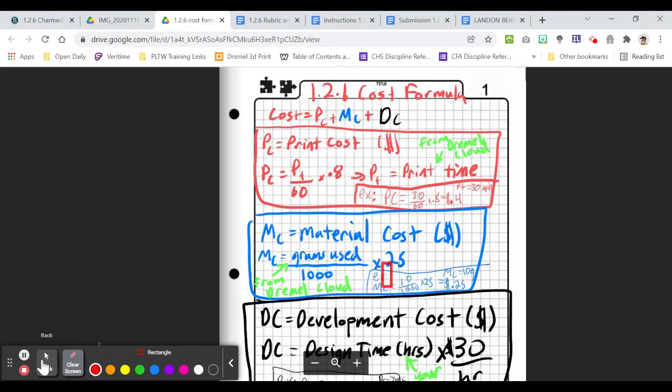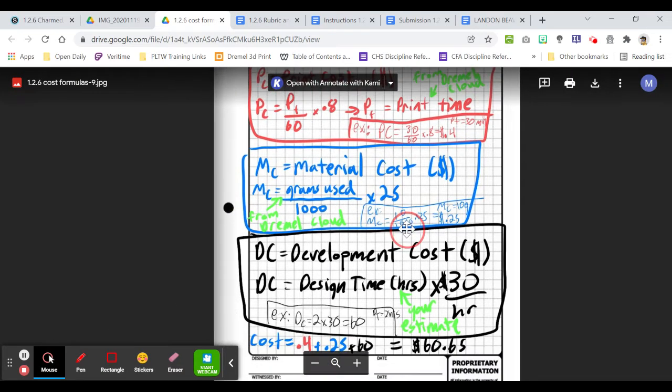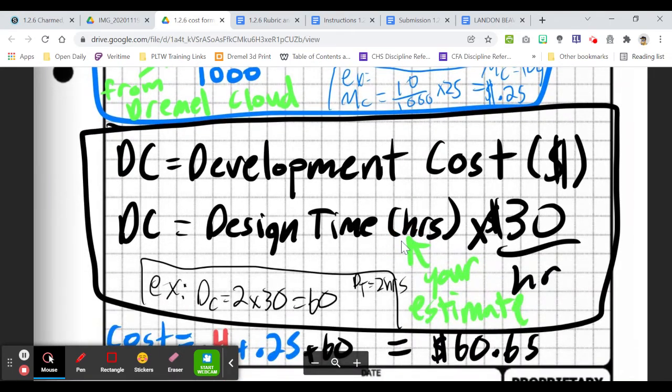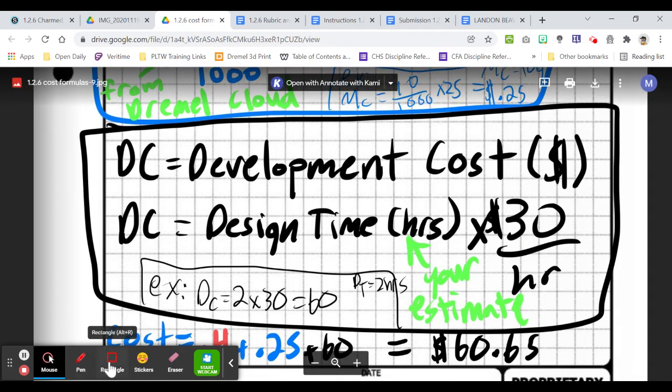The final one is our development cost. This is the design time in hours times $30 an hour. And so once again, the design time comes from your estimate. How many class periods did you take at 50 minutes per class period? How many hours did it take you?